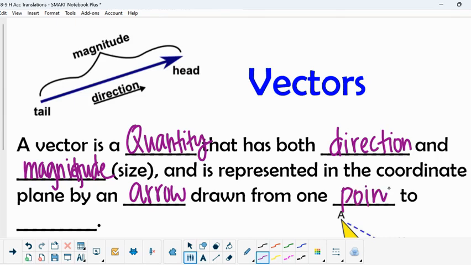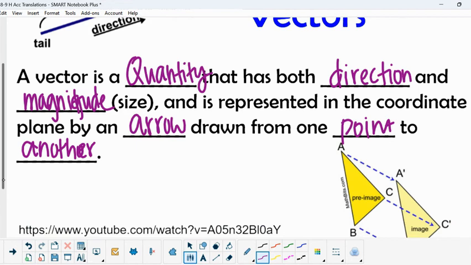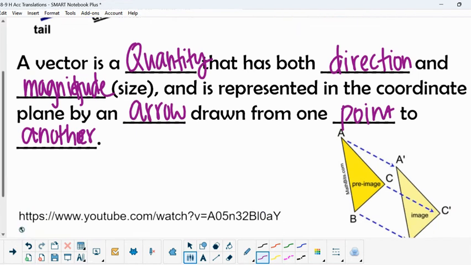So that's what a translation will follow. It'll follow a vector from the original point to its prime point, and each one will follow the same vector. It'll follow the same direction and the same magnitude or length or size. And our coordinate rule that we just saw tells us how to make that happen.